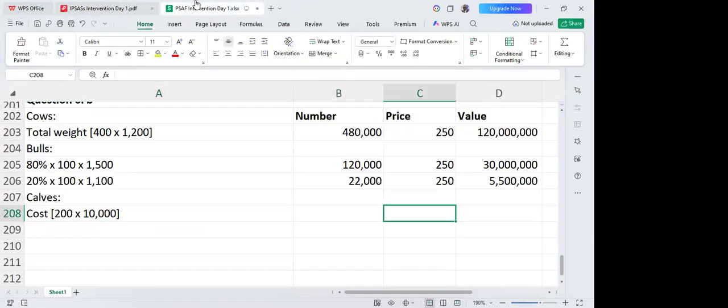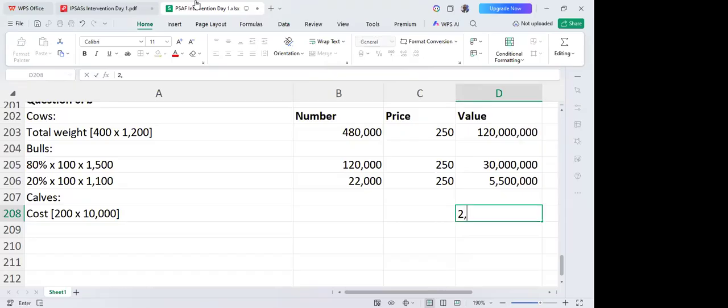This will be the value straightforward. Bear in mind the calves have no active market, so we didn't calculate fair value like we did for the others. So it will be 200 times 10,000. What will we get? 2 million.